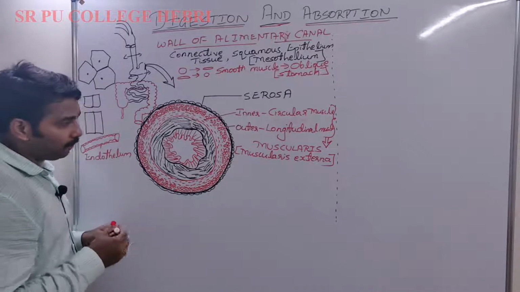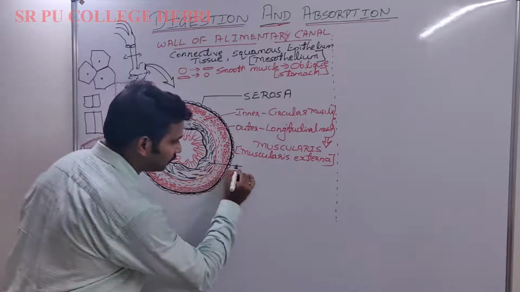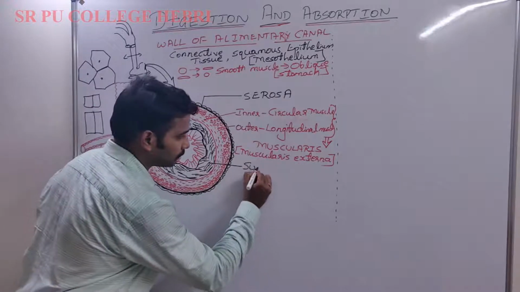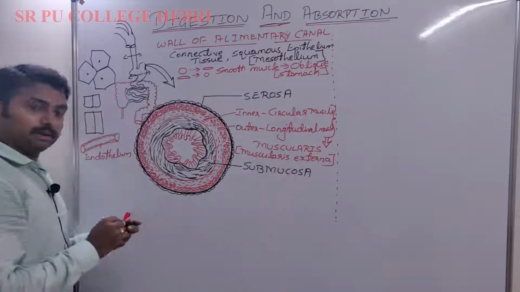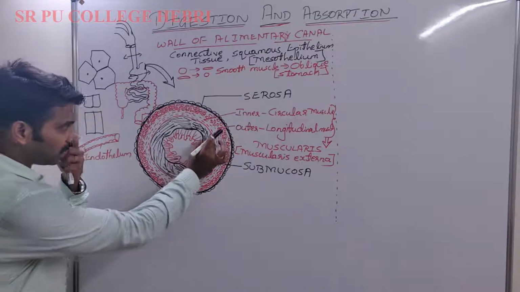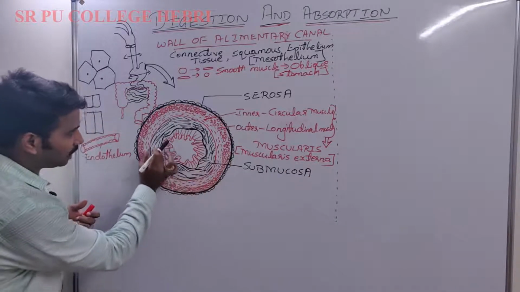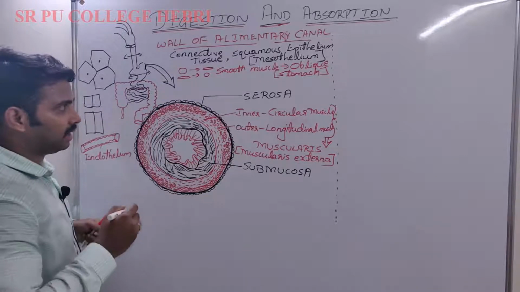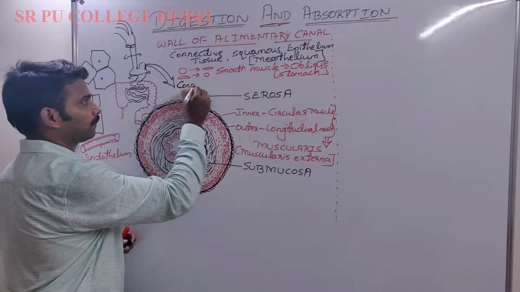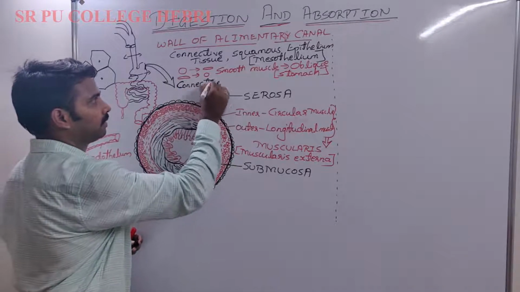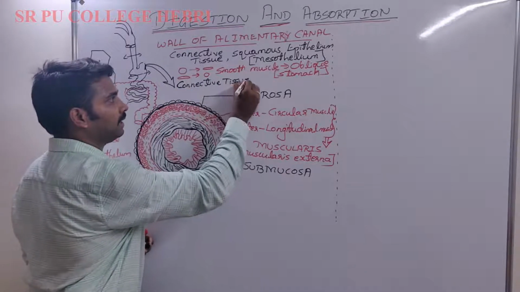Okay, followed by that, the third layer is what? Submucosa. The third layer is submucosa. This black color I have shown here. The submucosa layer is made up of connective tissue. I will write here. Okay, again it contains what? Connective tissue.